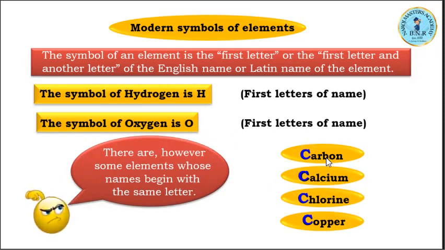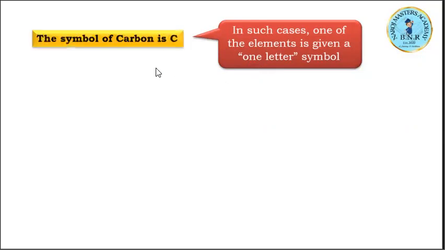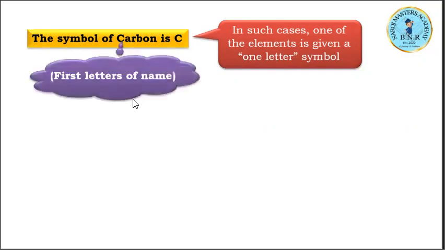Very important: carbon, calcium, chlorine, and copper. In such cases, one of the elements is given a one letter symbol. Carbon's symbol is C. That's it.